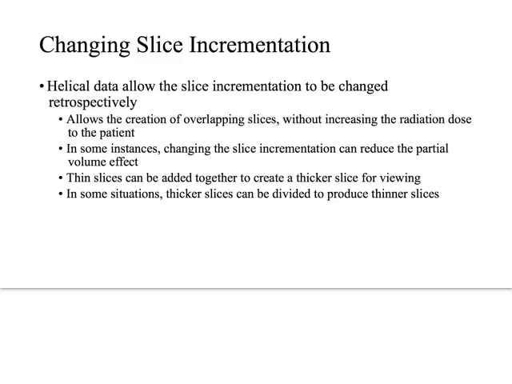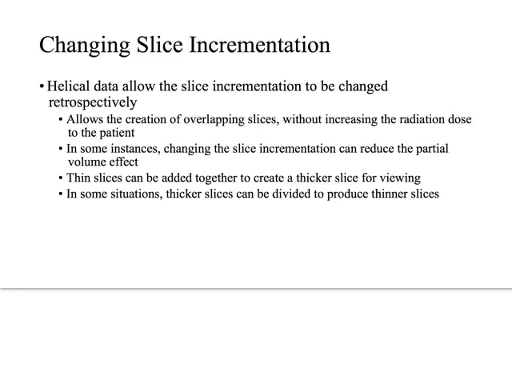We can change slice incrementation after the fact. So say I don't need the 0.5 millimeter slices, I just need 1 millimeter slices. I can increase that, and it will actually wind up improving my image quality.